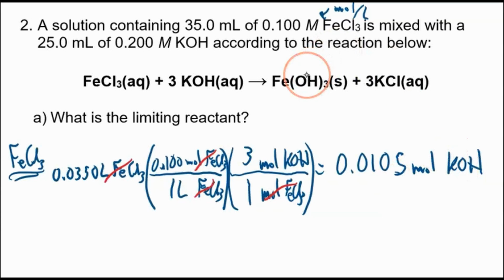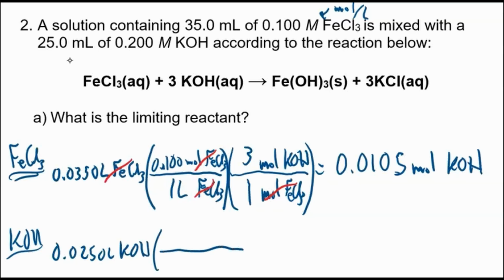How many moles of KOH do we actually have? Well, there are 25 mL, so 0.0250 liters of KOH, and we'll convert to moles using the molarity here. There's 0.200 moles of KOH for every 1 liter of KOH.